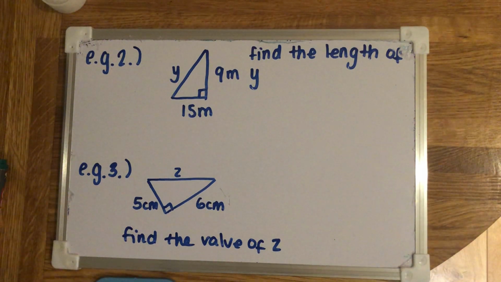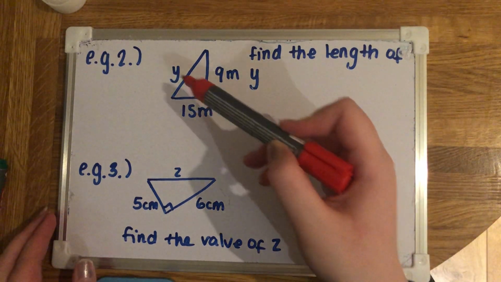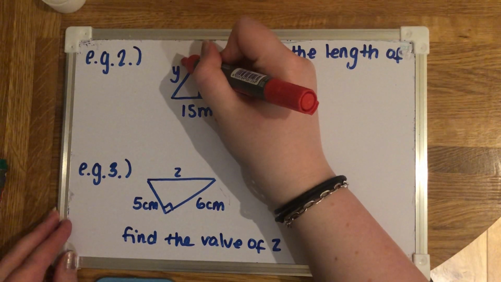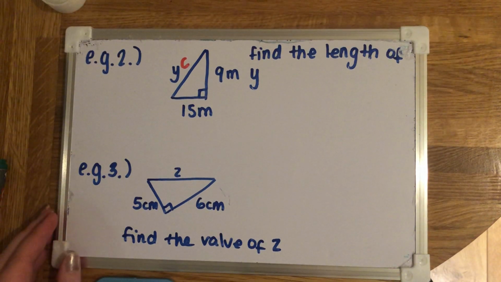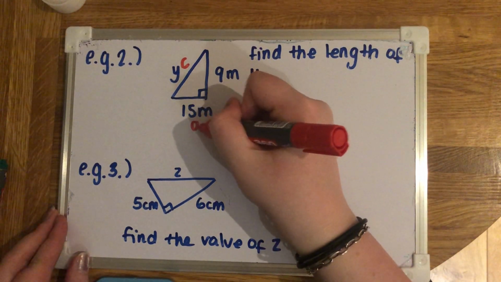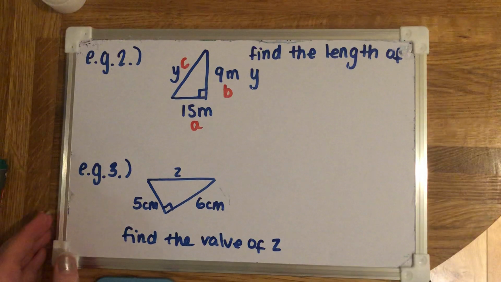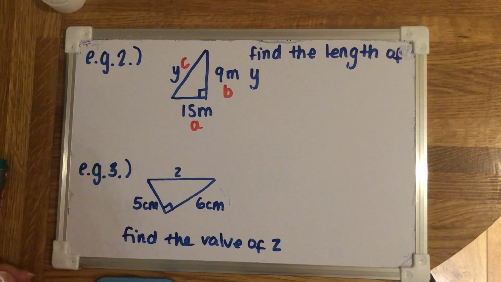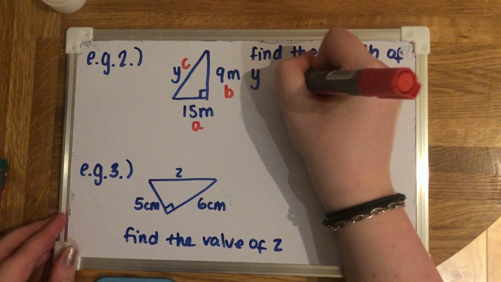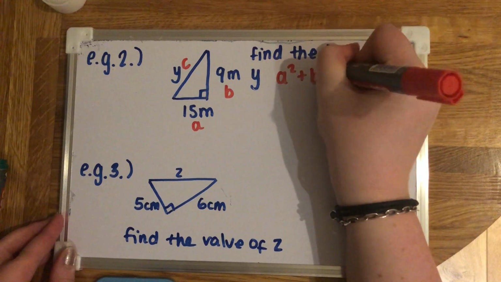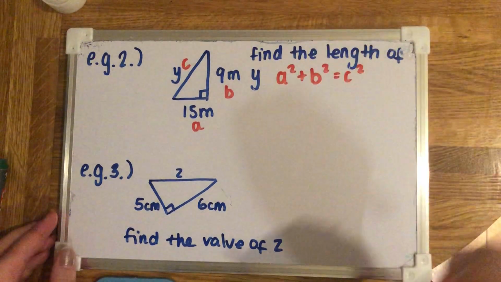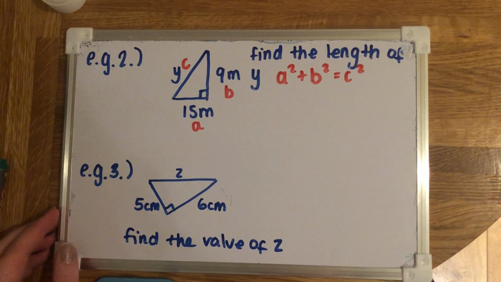Okay, e.g. 2, same thing, step 1, just label it A, B and C. So the side opposite the right angle is our C, because that's the longest side. A and B, doesn't matter which way round they are, I'm going to call 15 A and 9 B. We write down the formula. Okay, then we substitute in what we know.